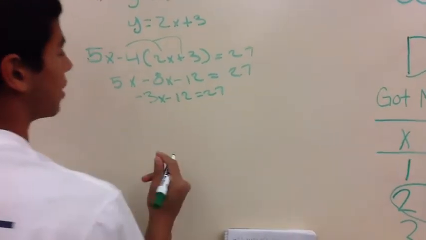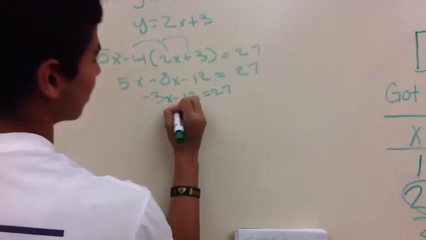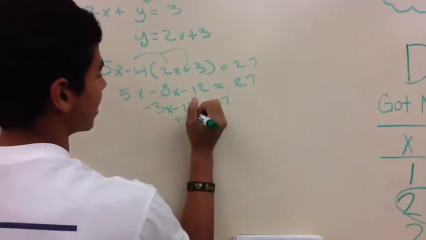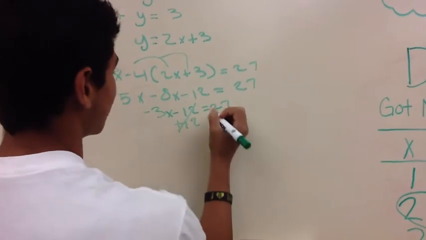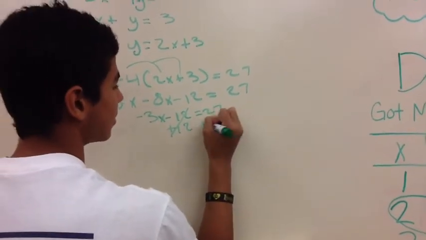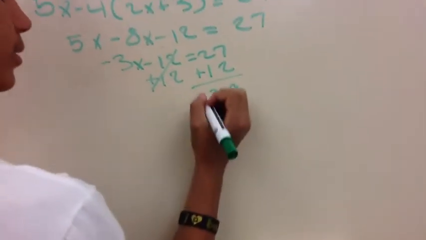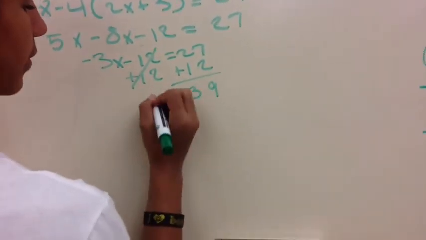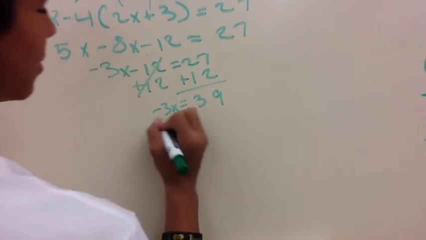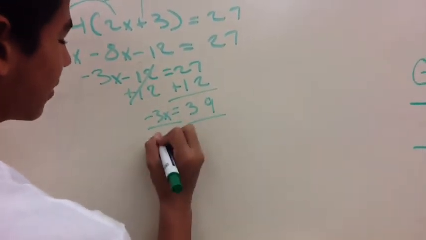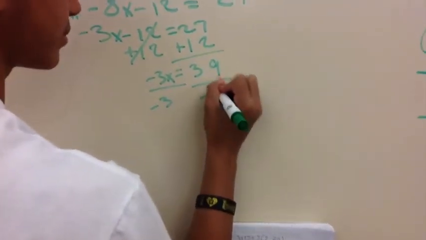And add 12 because we want to isolate the x. Cancel out. Divide each by the negative 3.